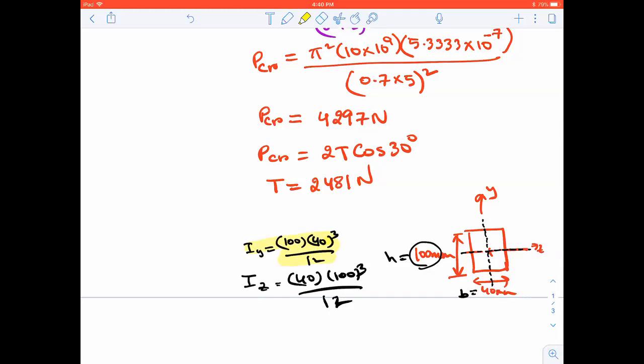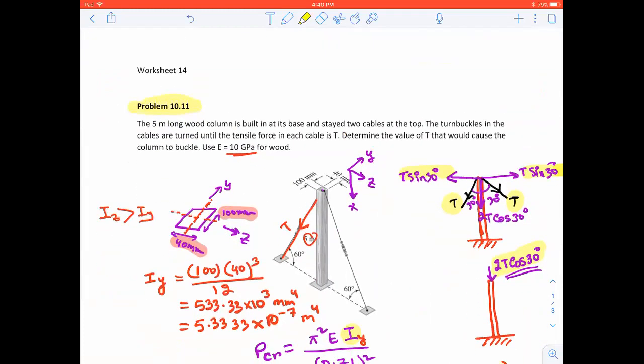Now this is considering it to be the propped one. Propped beam means that it cannot move in the z direction, it is able to move in one direction.